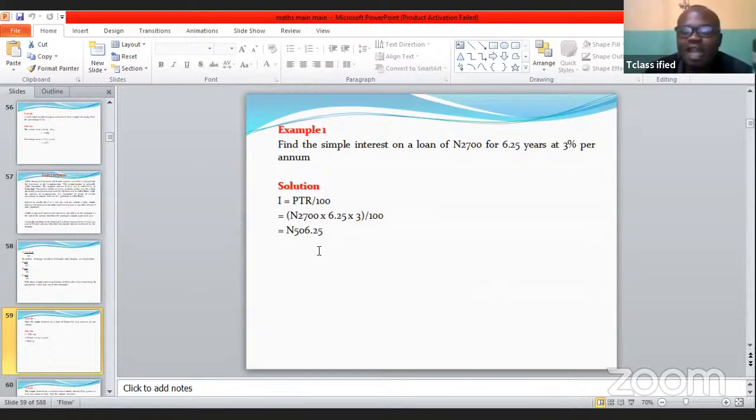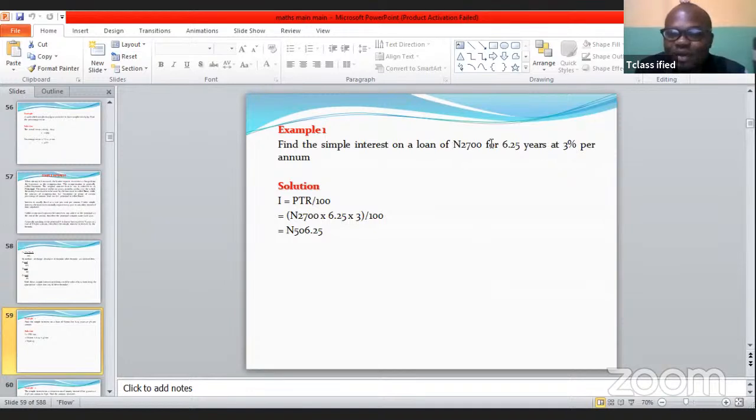So all of them all over 100, multiply out, you're going to get 506.25. So at this very rate of 3% per annum over 6 years, 2,700 is going to give you an interest of 506.25. Okay. So if you're going to be borrowing money from a bank later, when you become an entrepreneur, you're supposed to know how these interests are calculated, so that when you're borrowing a given amount, you know the amount to give back.